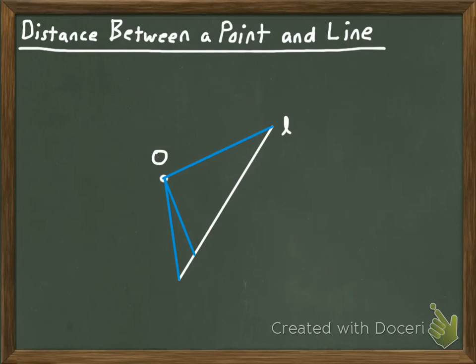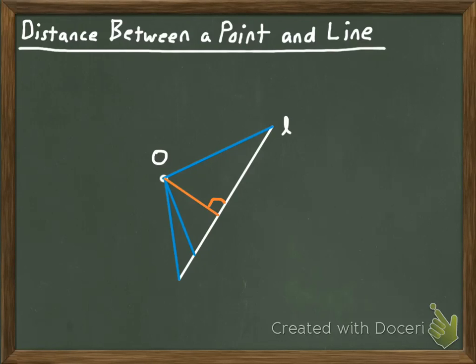And if I want to go the shortest distance, I have to measure perpendicularly to the line that we're measuring its distance from. So that orange segment that I drew right there, that is what you would consider to be the distance from O to line L.